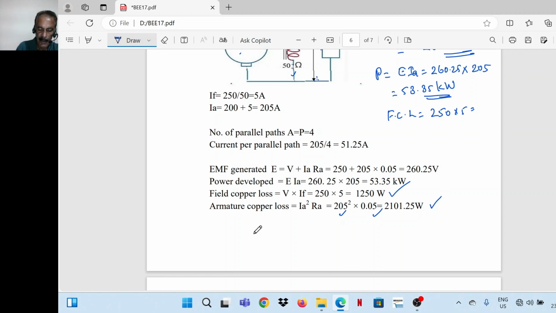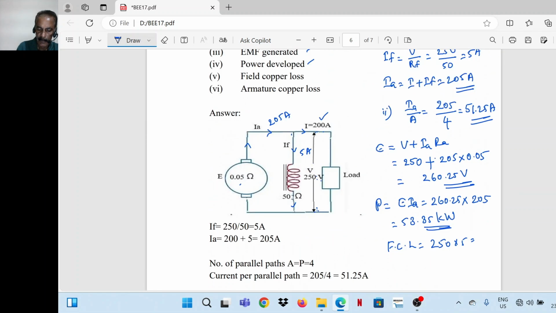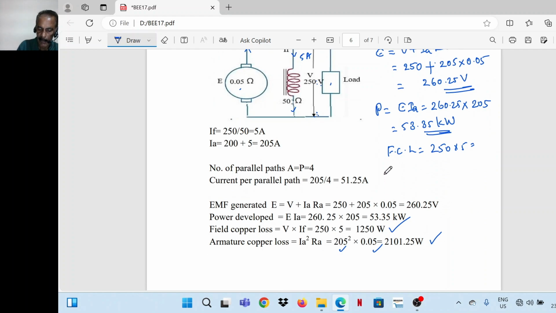You can counter check. You can find out the total power by adding output. Output is equal to 200 into 250, so it is 50 kilowatt. So output plus field copper loss plus armature copper loss.